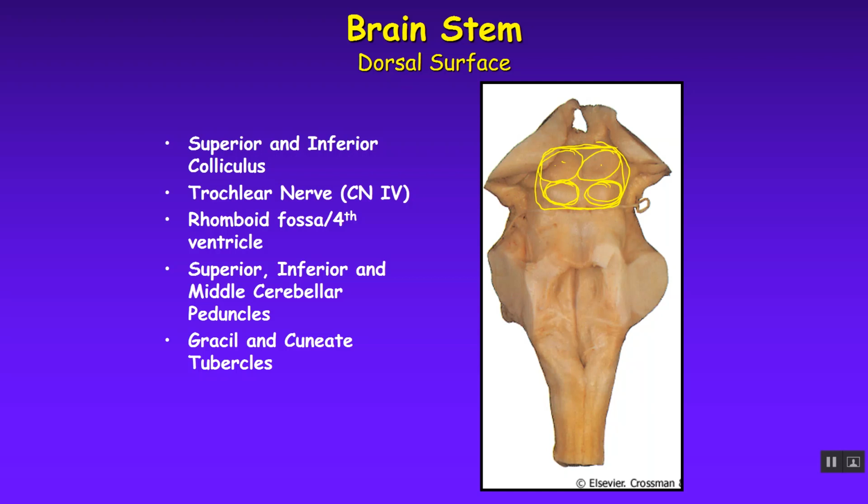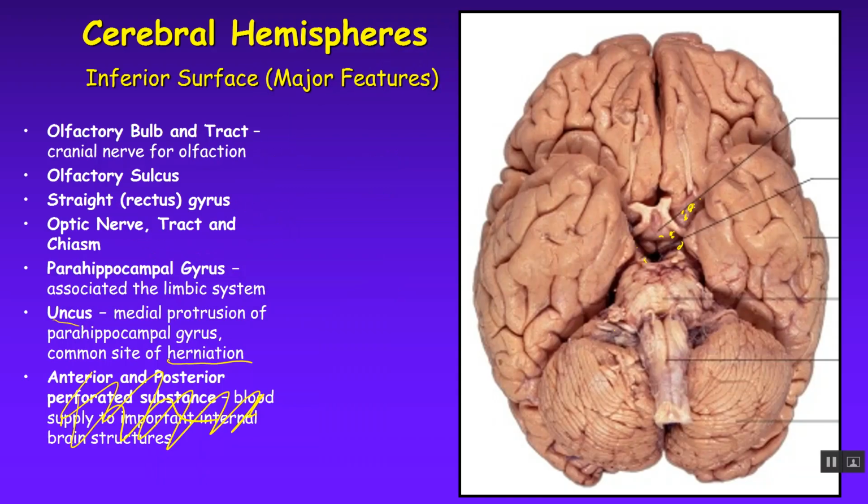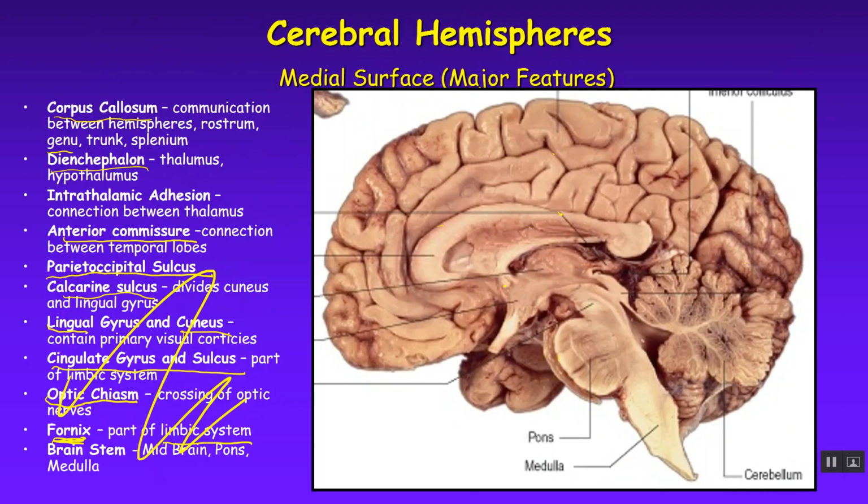Because remember in that sagittal section right here, there's a colliculus right here and right here. We're looking at the right side, inferior colliculus here and superior colliculus here. But in that other photo, we're looking at the back side, all four of them that make up that tectum or roof of the midbrain.